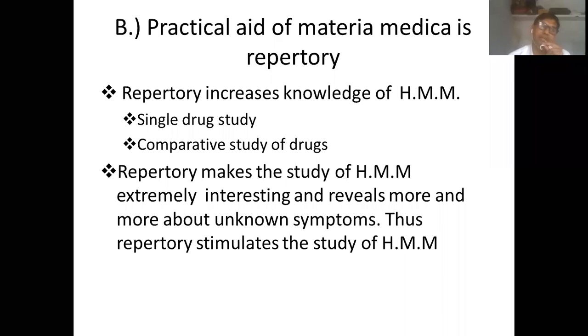The rubrics in which one medicine is present and the other is absent will indicate the difference. Then, considering this similarity and dissimilarity, the drugs are further differentiated while actually studying the materia medica.